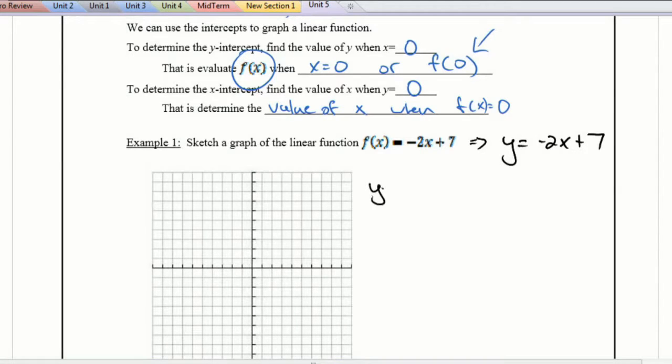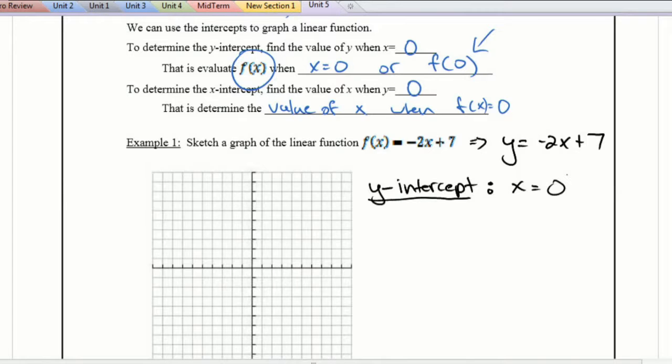If I want to figure out the y-intercept, I need to make my x value equal to 0. So when x is 0, what does y equal?